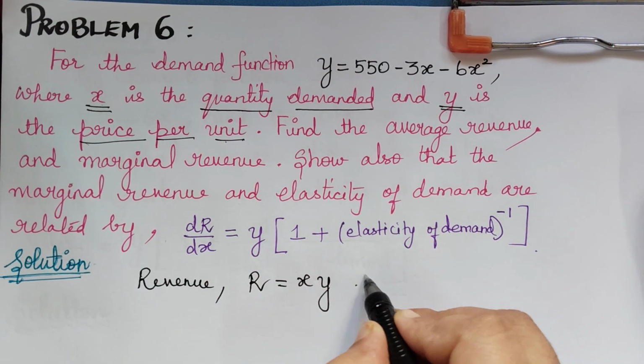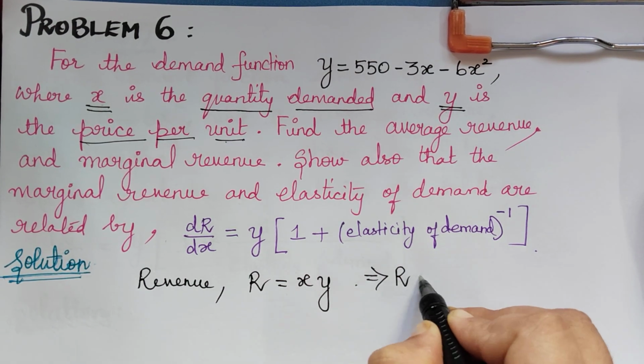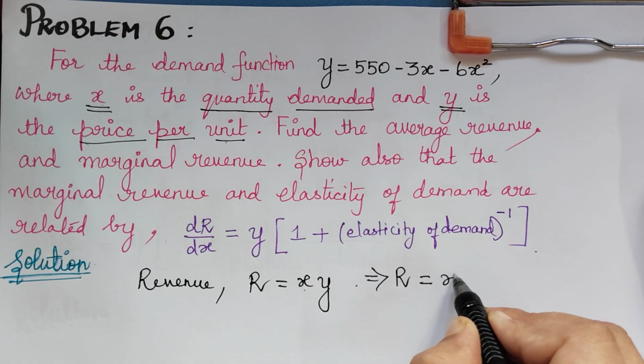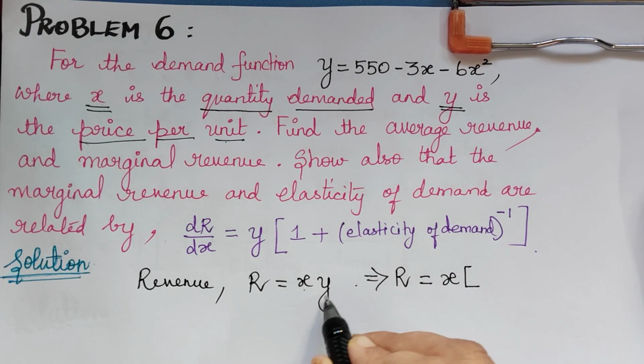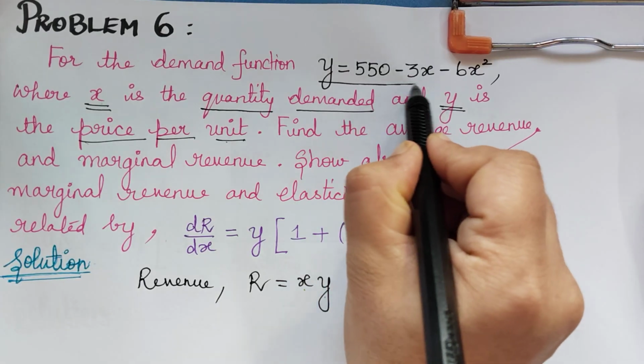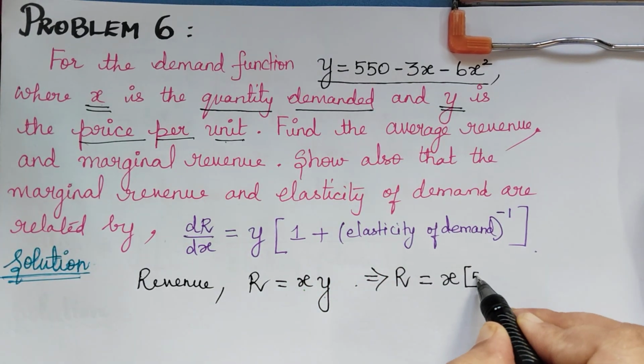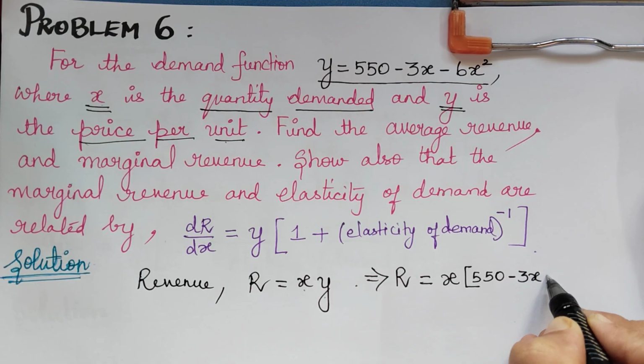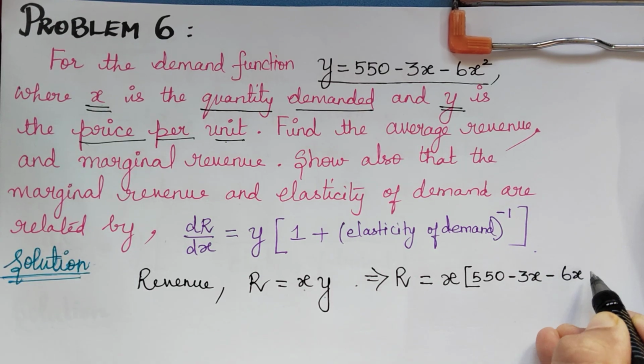So R is equal to x multiplied with y. From the given question, y is 550 minus 3x minus 6x square.